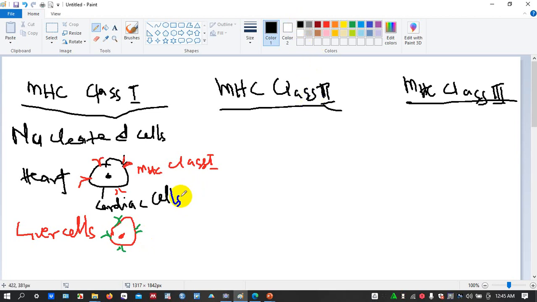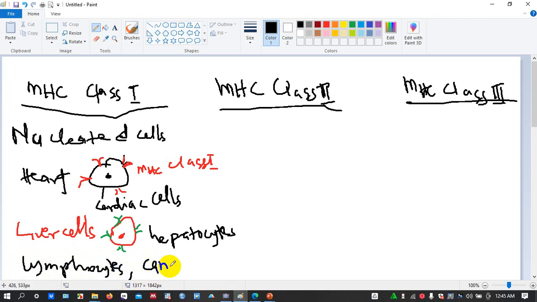Liver cells are called hepatocytes. So you can see that MHC class 1 is also found on white blood cell surfaces, lymphocytes. It is also found on the surfaces of cancer cells.